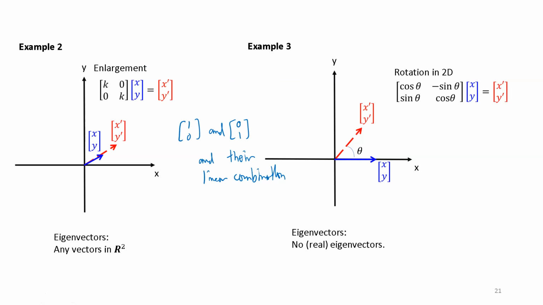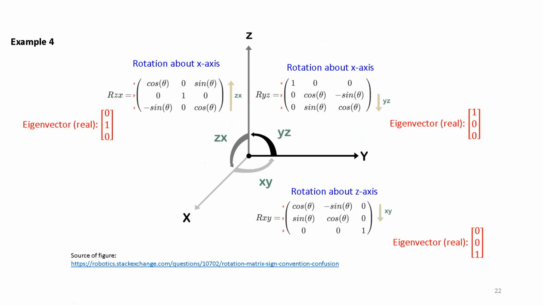So finally, let's do one more example. If I do again a rotation in 3 dimensions, similar to the last example, whenever I put in a vector, it gets rotated, so you cannot get real eigenvectors.